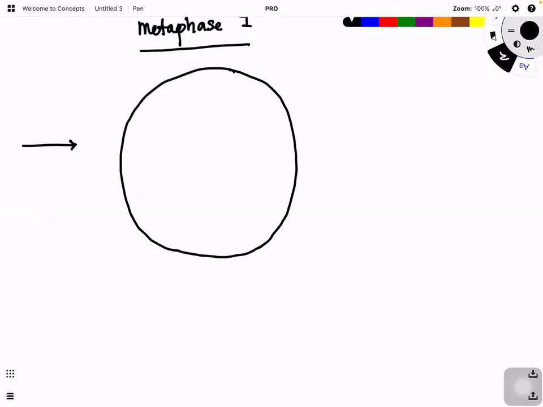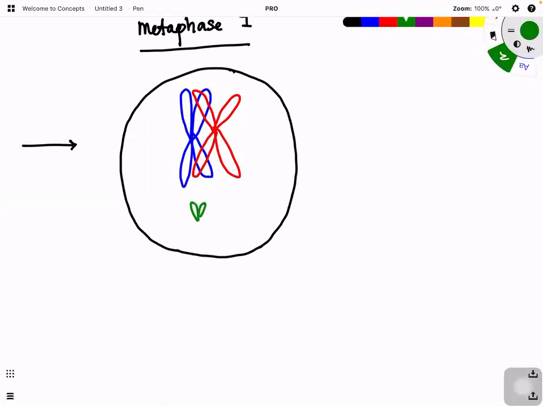In metaphase 1, you see that these tetrads or bivalents align at the metaphase plate. You can see the blue one and the red, then the green with the orange. Where do they align? They align at something like an imaginary plate here, at the center.